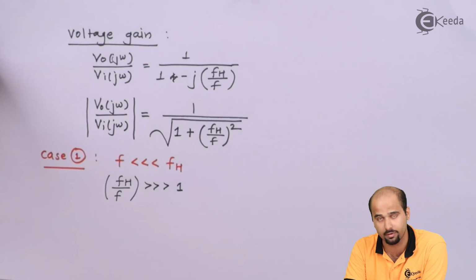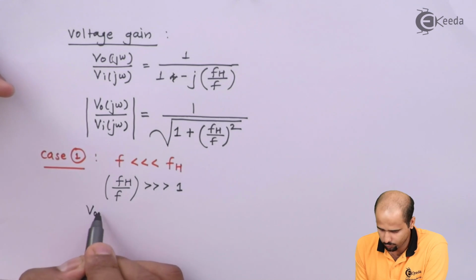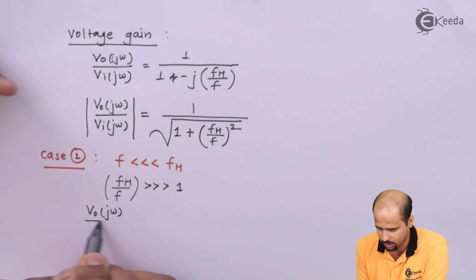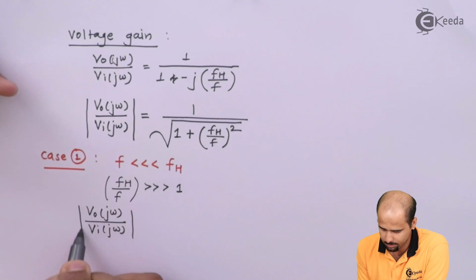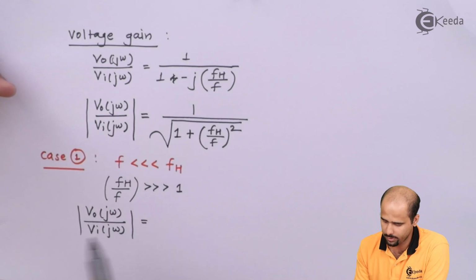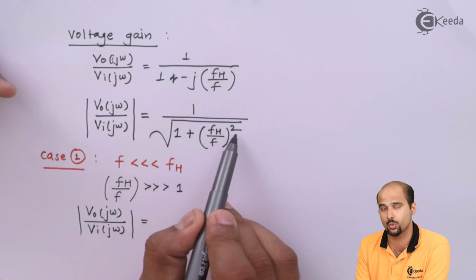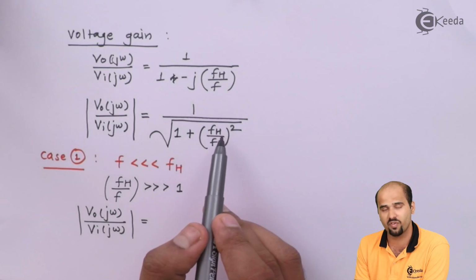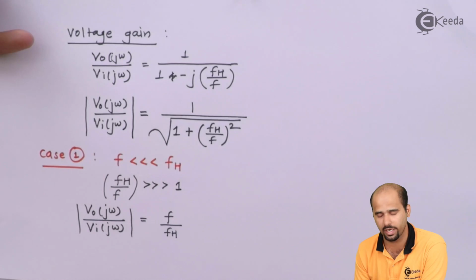I can say that I will neglect the value of 1. Very nice. So we will be getting the value of Vo j omega divided by Vi j omega, and the magnitude of that will become, 1 is neglected, fH upon f the whole square's square root will become fH upon f only, and here we will be getting f upon fH, right?